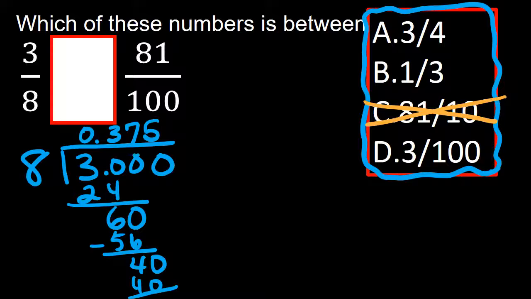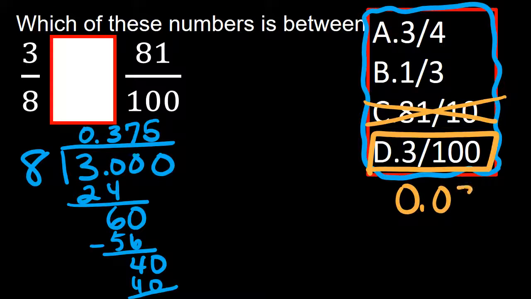Another one I can take out is 3/100. I can already tell that 3/8 is definitely bigger than 3/100. The decimal for 3/100 is 0.03, and I'm looking at that tenths place number for my 3/8 being 3. So I'm going to eliminate that one.